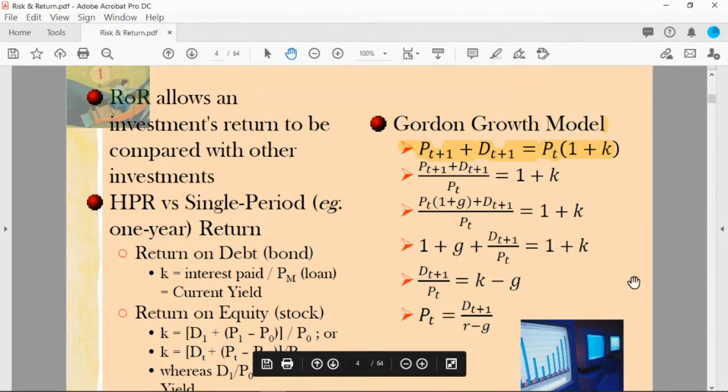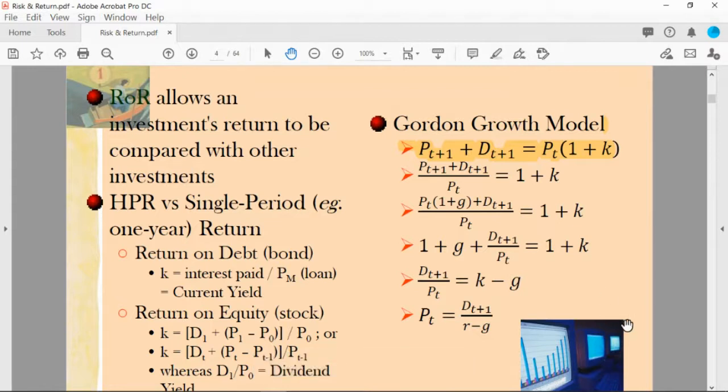K is, in other words, required return. Okay, everyone is clear about this? This is basically how the Gordon growth model is derived. Actually, when Professor Gordon developed this model, he derived it in a slightly different way. This is my version, because to me it looked very simple and straightforward and lucid.